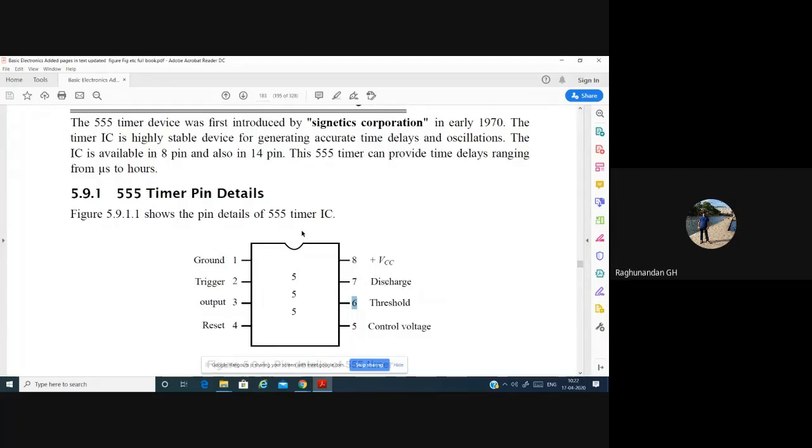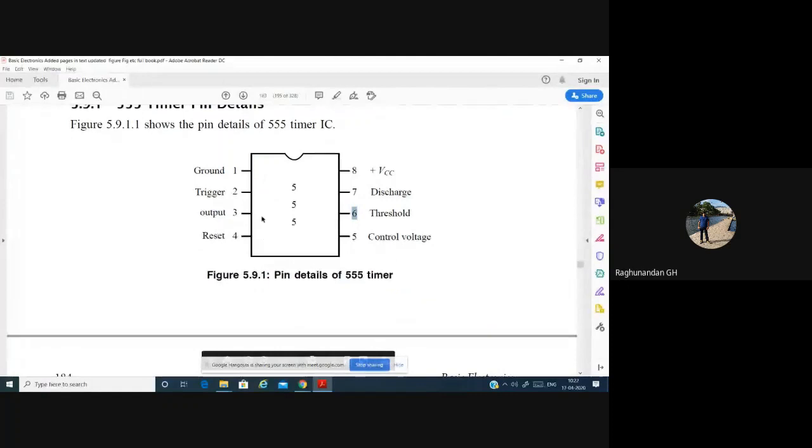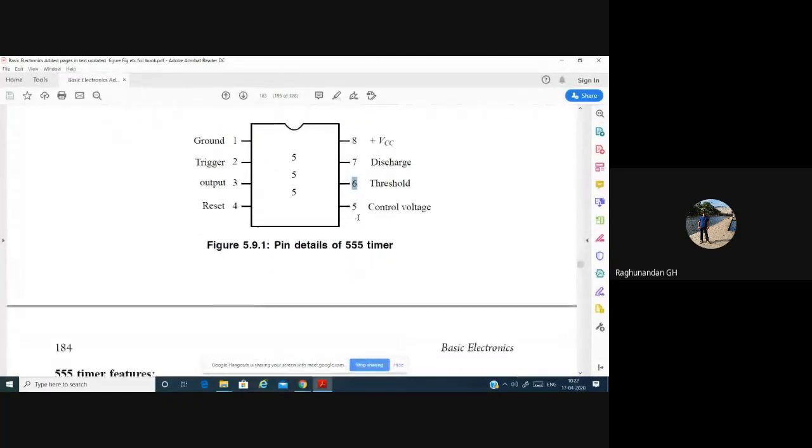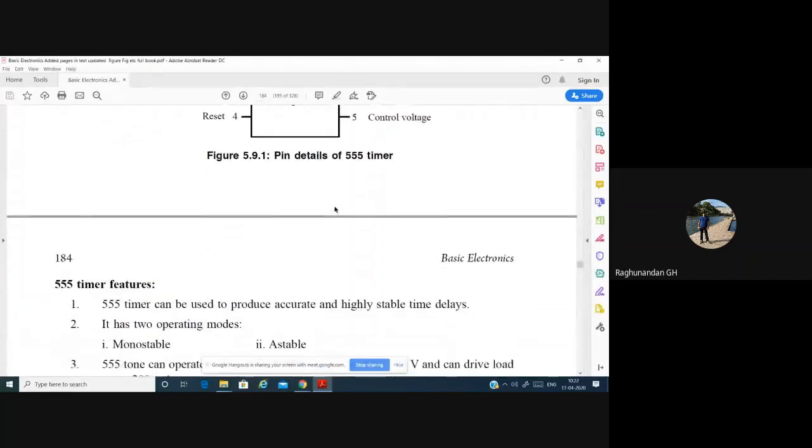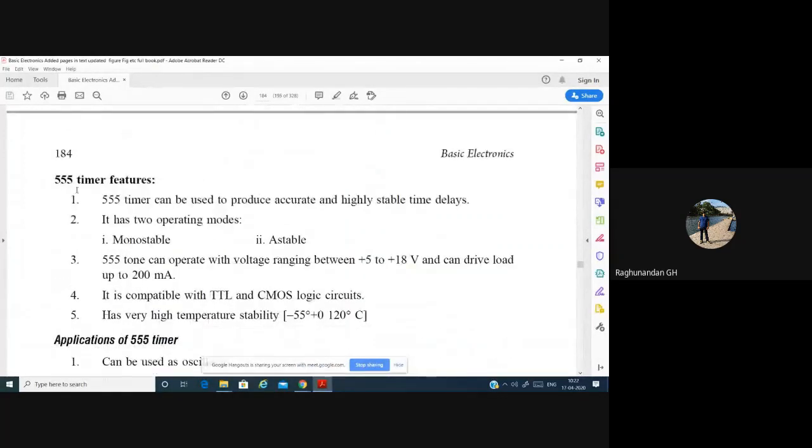So this is the pin configuration of the IC 555 timer. It is an 8-pin IC we are taking. Its feature: the 555 timer IC is used to produce accurate and highly stable time delays. There are two operating modes, monostable and astable. Usually there will be two states, positive and negative.